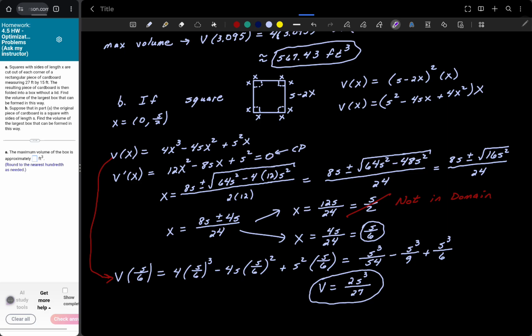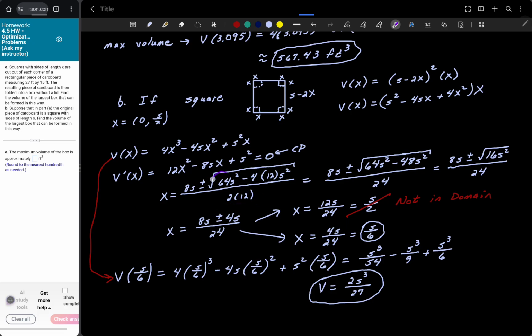When we set that equal to 0, I can do that by quadratic formula again. So negative b plus or minus the square root of b squared minus 4 times a times c, where c is just s squared, it's a constant, all divided by 2 times a, 2 times 12.